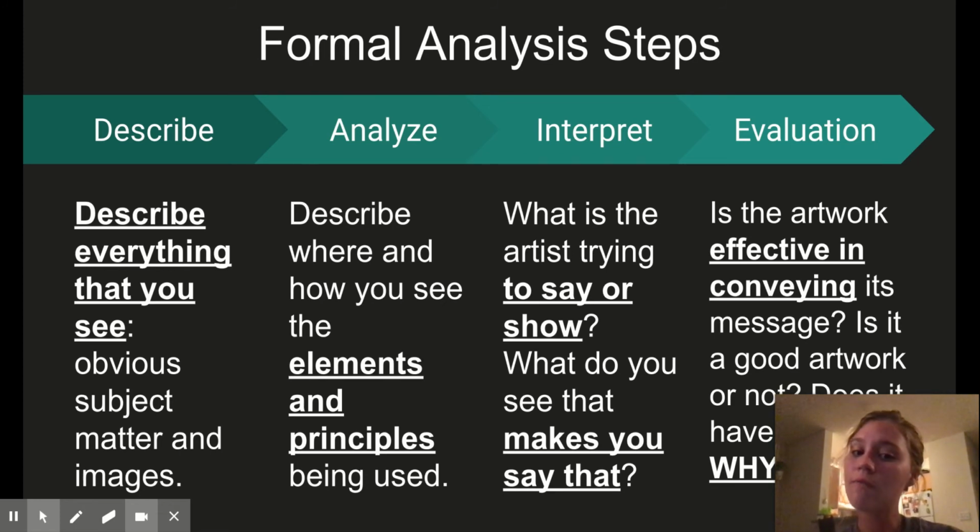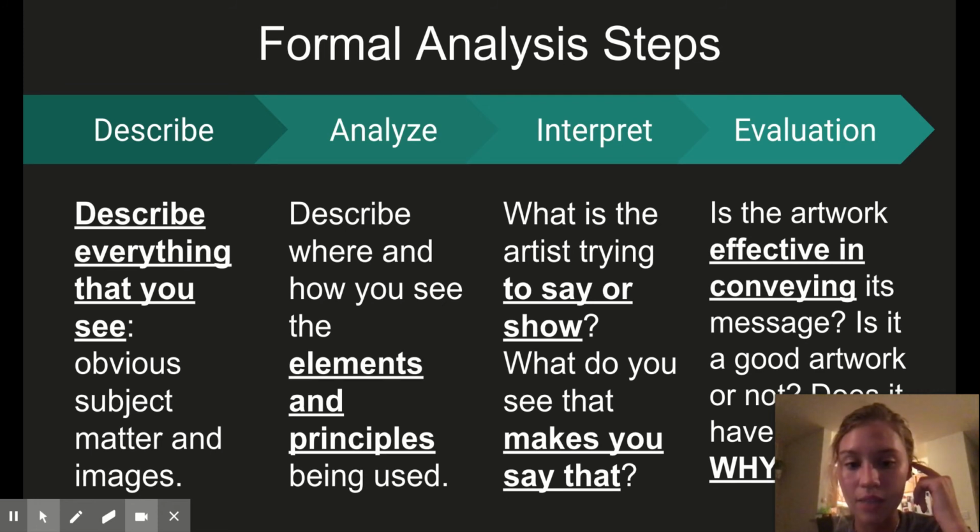Then you save your feelings for interpretation. This is where you get to actually go into what you think that this artwork could possibly mean and why you feel that way. So people have some pretty crazy interpretations from time to time, and to back it up is really what makes or breaks a formal analysis.